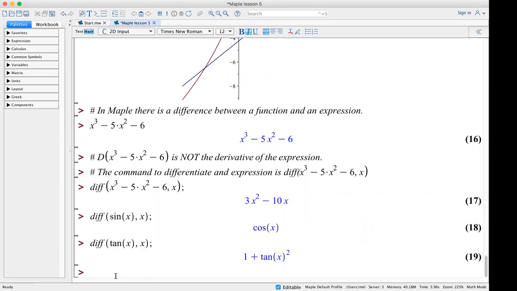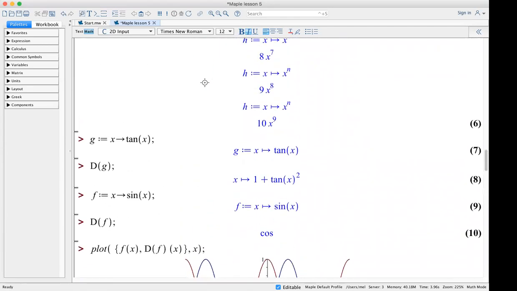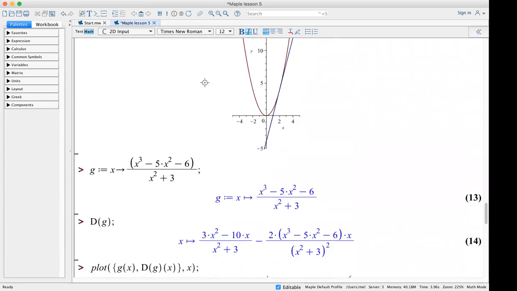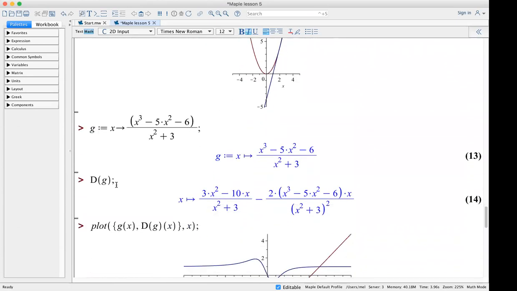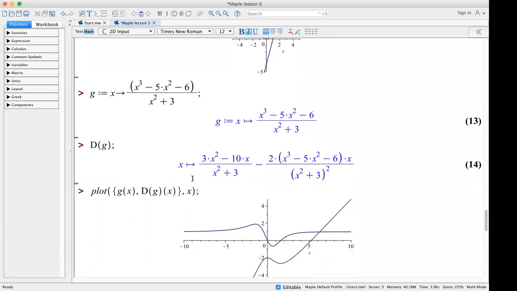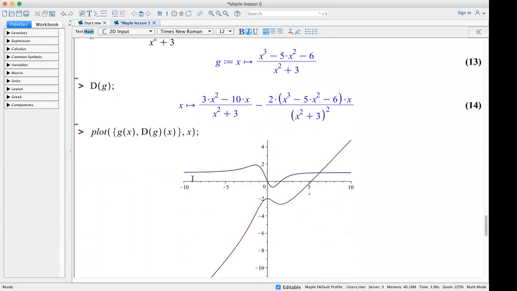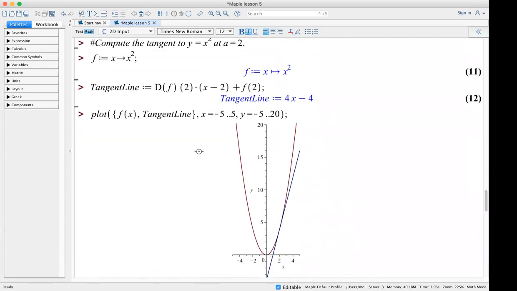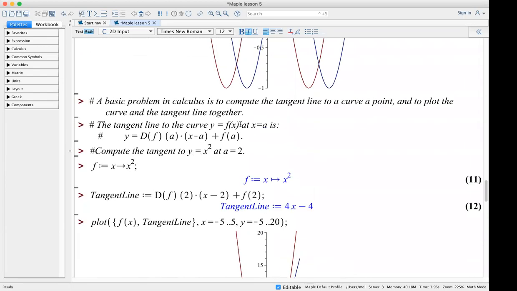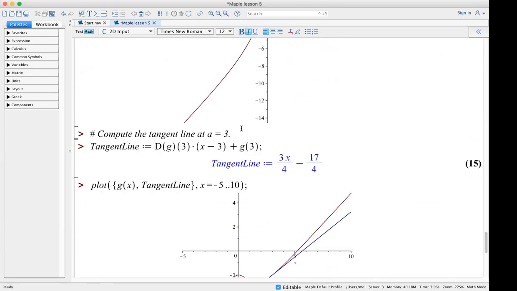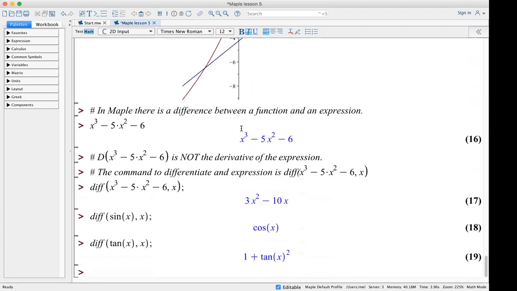So, okay, this is how to do this basic thing in Maple of defining a function, differentiating the function, computing the tangent line to a curve at a point, and then graphing them together. And I should say, when you're doing this, you can also work with expressions and not just functions.